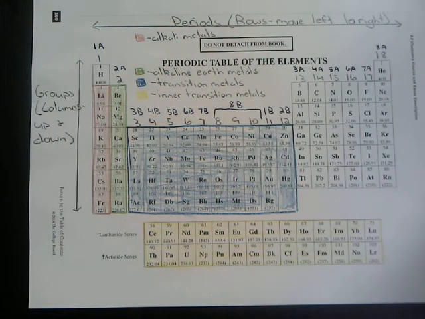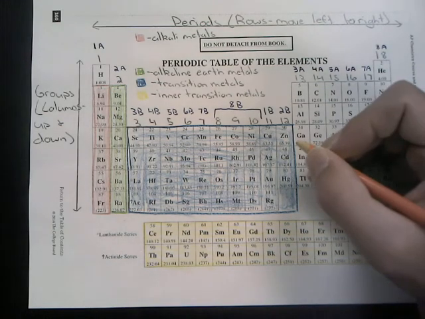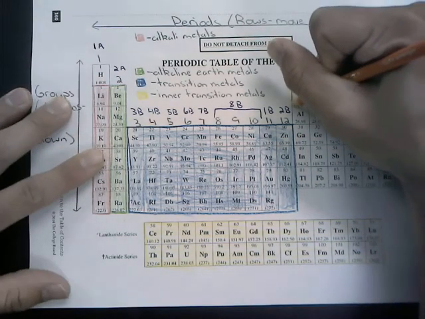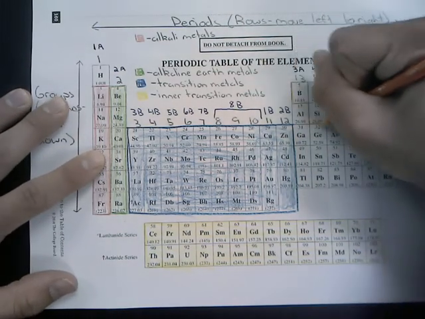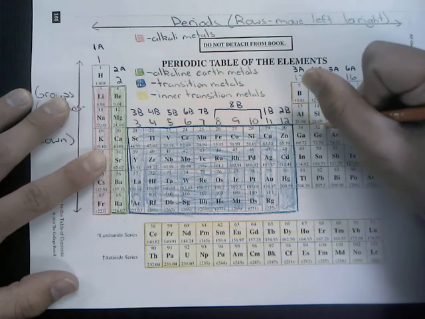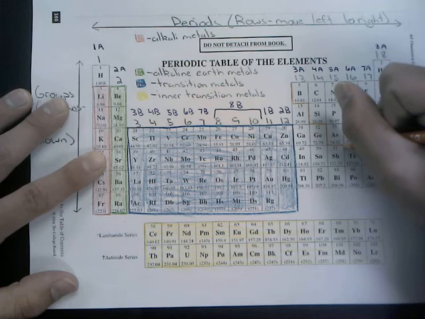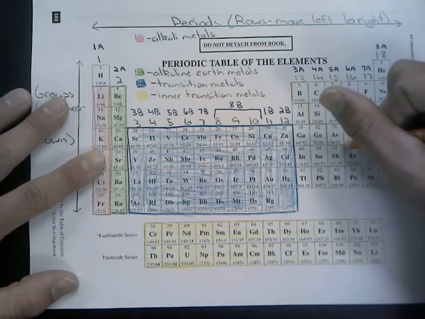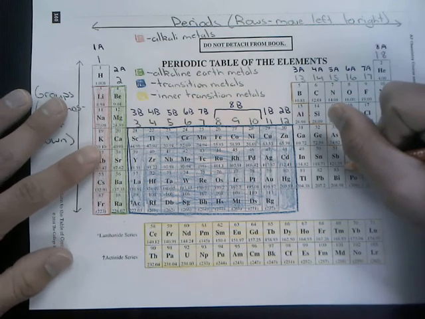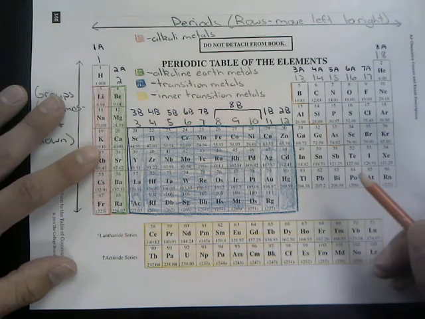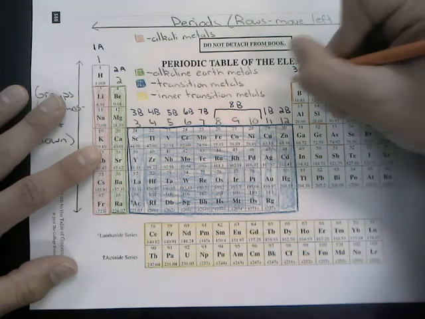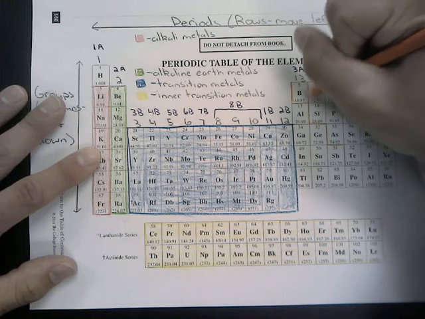Now, we move over, and once again, I'm not going to label it on the other set of notes, but we move over to this stair-step line. With this stair-step line, I'm going to start here with boron, and then I'm going to make my stair-step line all the way to here. So be very careful here. These are going to be the metalloids, but there's only certain elements here that I'm going to shade in.